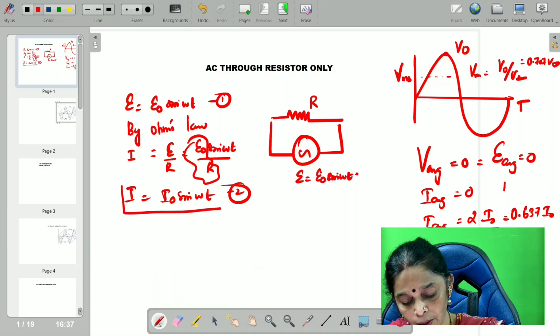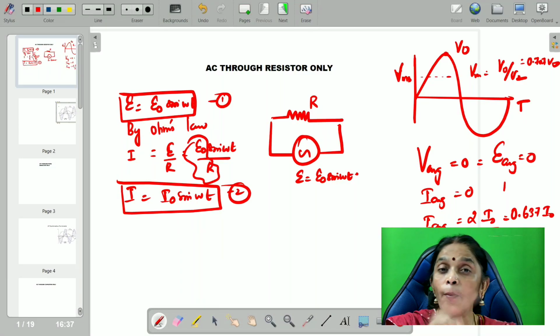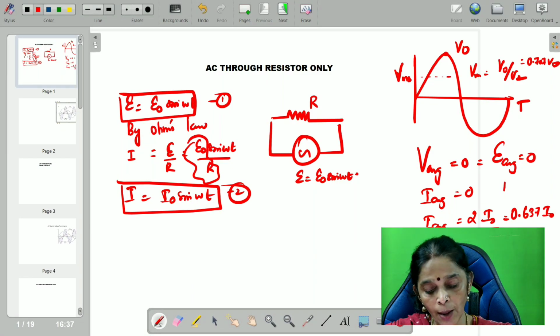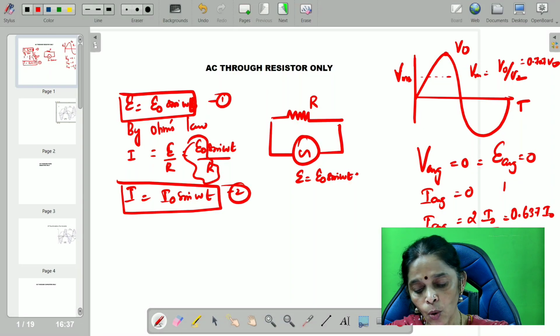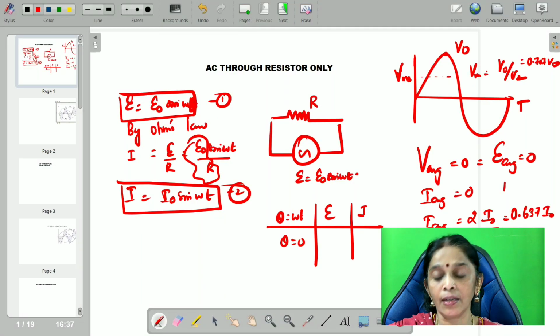Now you check here: I is equal to I0 sin omega t, E is equal to E0 sin omega t. I'm going to compare both. Here theta is equal to omega t. When theta is equal to 0 degree, what is E here?